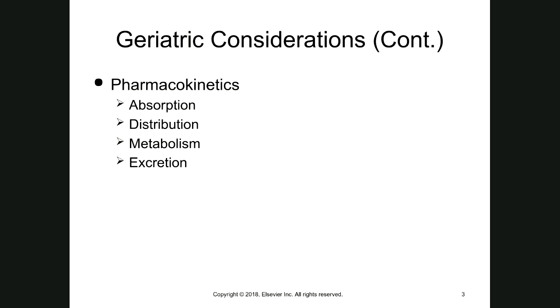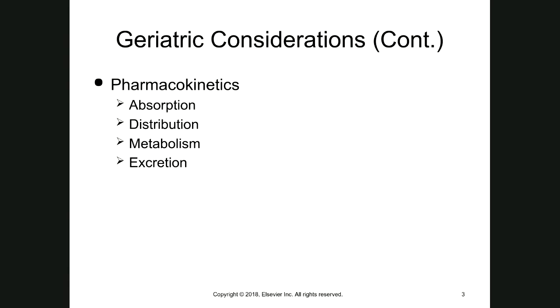The lab results may indicate that they may not be able to take things that are metabolized through the liver. And if they have reduced renal function, you have to consider that in taking medications that are metabolized through the kidney.